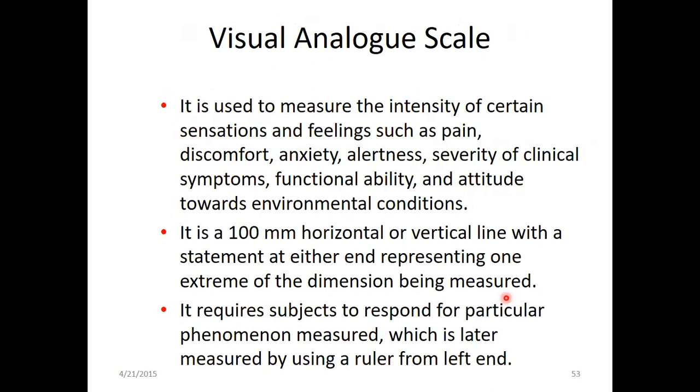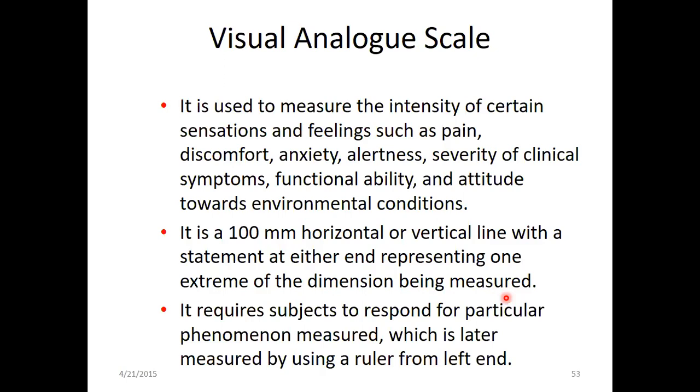This is a 100 millimeter horizontal or vertical line with a statement at either end representing one extreme of the dimension being measured. It requires subjects to respond for the particular phenomenon measured, which is later measured using a ruler from the left end.